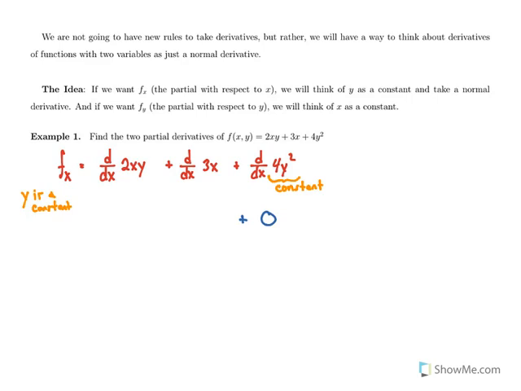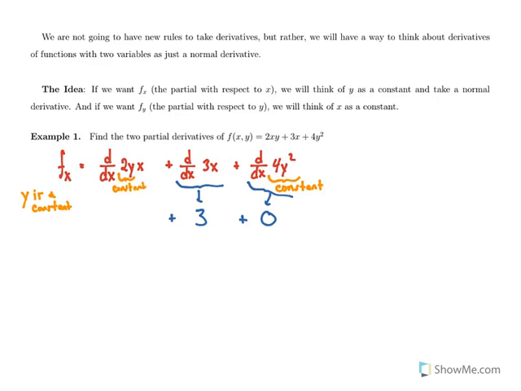This derivative of 3x with respect to x is just a normal derivative. So that's just going to give us the derivative of 3x, which is 3. And then if we're mixing the x's and y's, that gets a little more complicated. Maybe it makes more sense to think about 2xy as 2 times y times x. This is a constant times x.